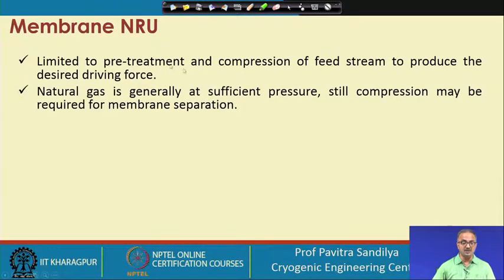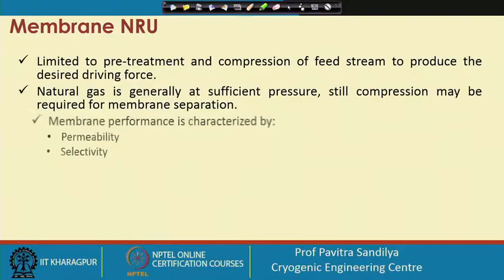Now these membrane units are limited to pre-treatment and compression of the feed stream to produce the desired driving force. Natural gas is generally at sufficient pressure, but still we may need compression for membrane separation. As we learnt earlier, the separation through membrane depends on the difference in the partial pressure of the particular solute across the membrane, that means the permeate side and the retentate side, and we know that if we increase the pressure at a given mole fraction, the partial pressure of the particular solute will increase.